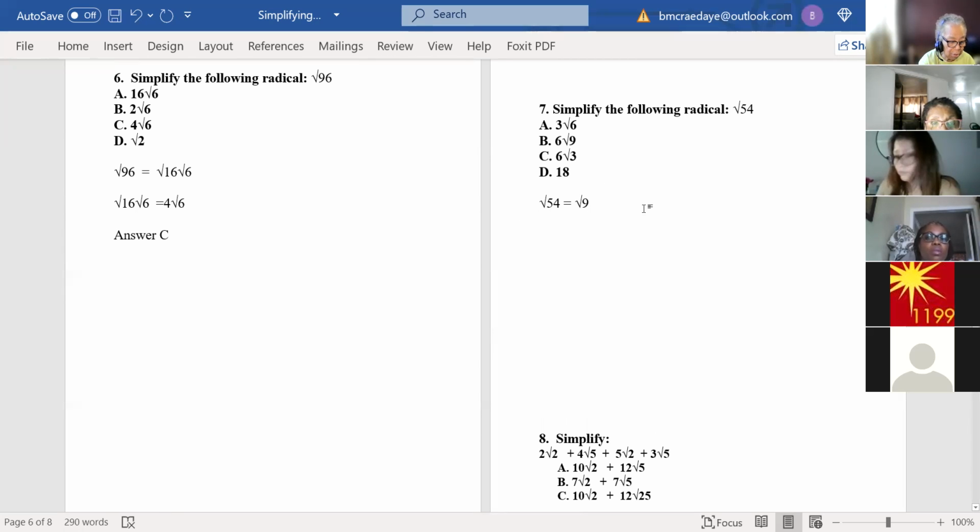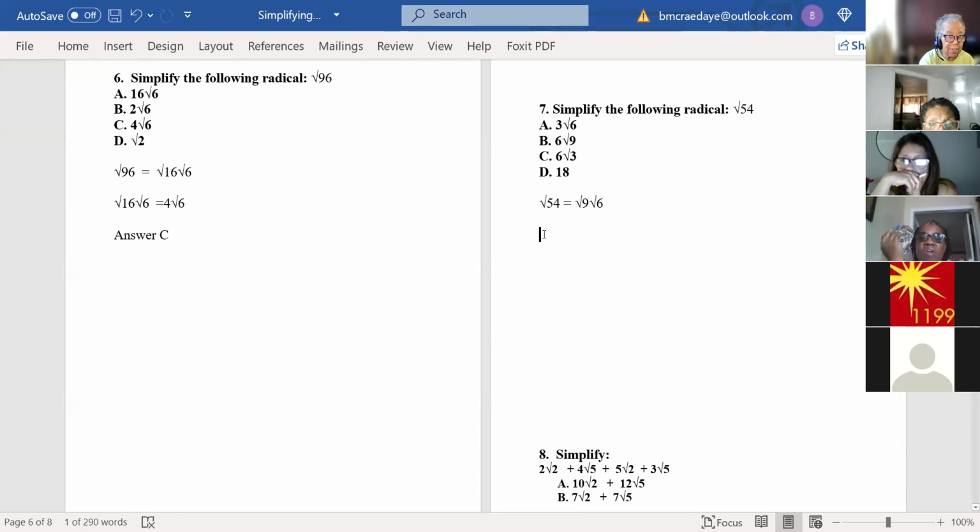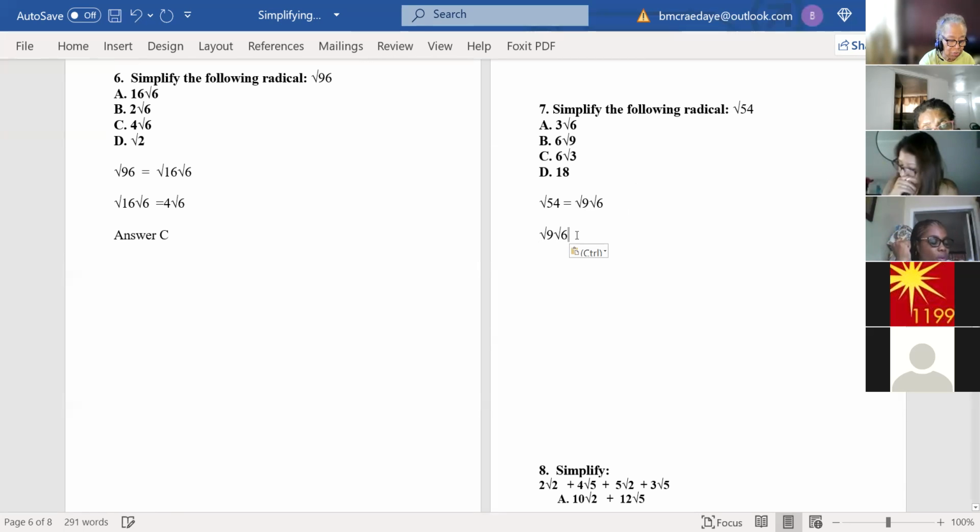Very good, Maureen. And you said 6. Now, Maureen, what's the square root of 9? 3. So this would be square root of 9 times square root of 6. You just told me the square root of 9 is 3. And the square root of 6 does not have a perfect square root.